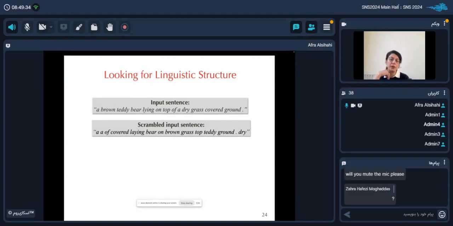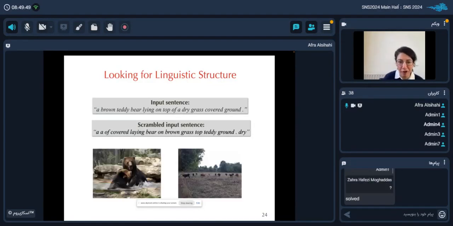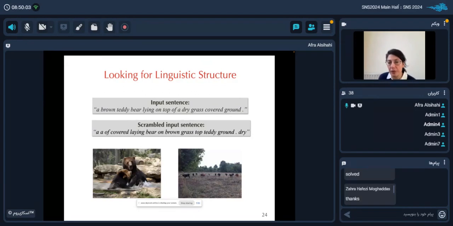If the model only relies on the information that it gets from individual words, then the same images should be returned for this new scrambled version of the sentence, right? But that's not the case, not very surprisingly. If I give this sentence, a of covered laying bare on brown grass, etc., to the model, you see that the images that are returned are completely different. One of them is about a brown bear, and the other one is about a field of brown grass.